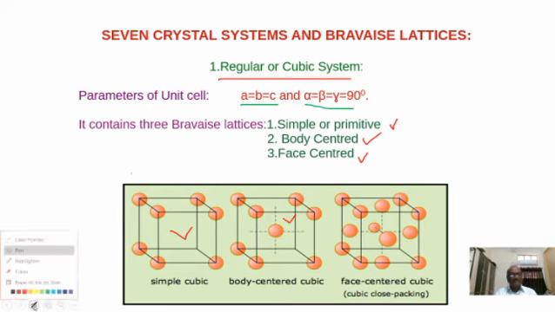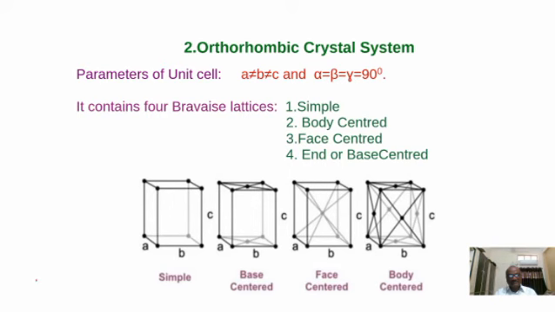Next, the second crystal system is the orthorhombic crystal system. What are the parameters? A is not equal to B is not equal to C, but alpha, beta, gamma are exactly equal to 90 degrees.